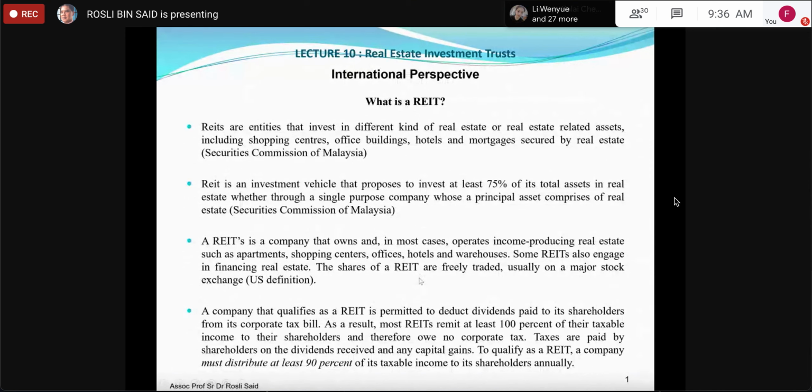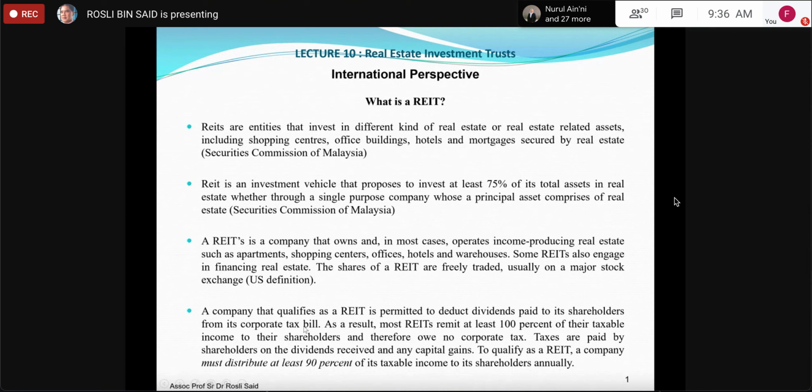The shares of a REIT are freely traded, usually on a major stock exchange. I've already explained this now. In Bursa Malaysia, the same thing. A company that qualifies as a REIT is permitted to deduct dividends paid to its shareholders from its corporate tax bill. So that means a REITs company can deduct dividends paid to shareholders from its corporate tax bill.